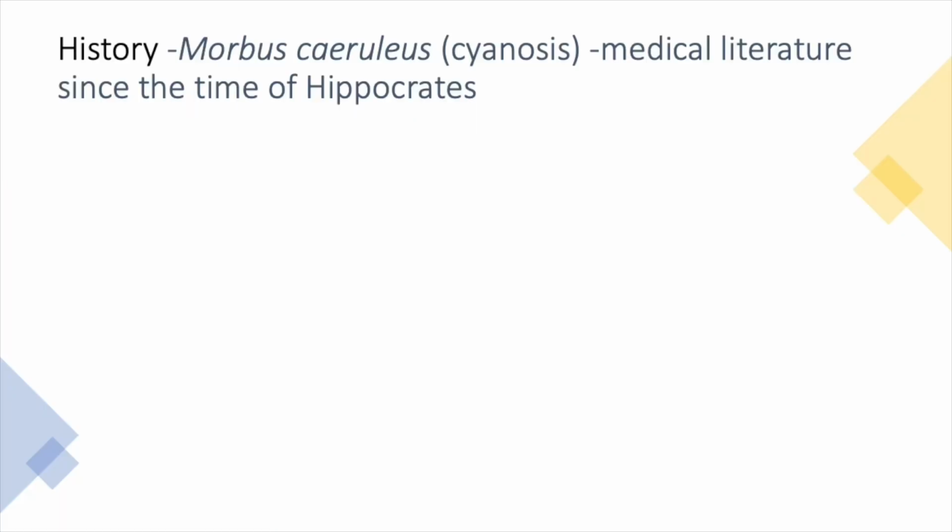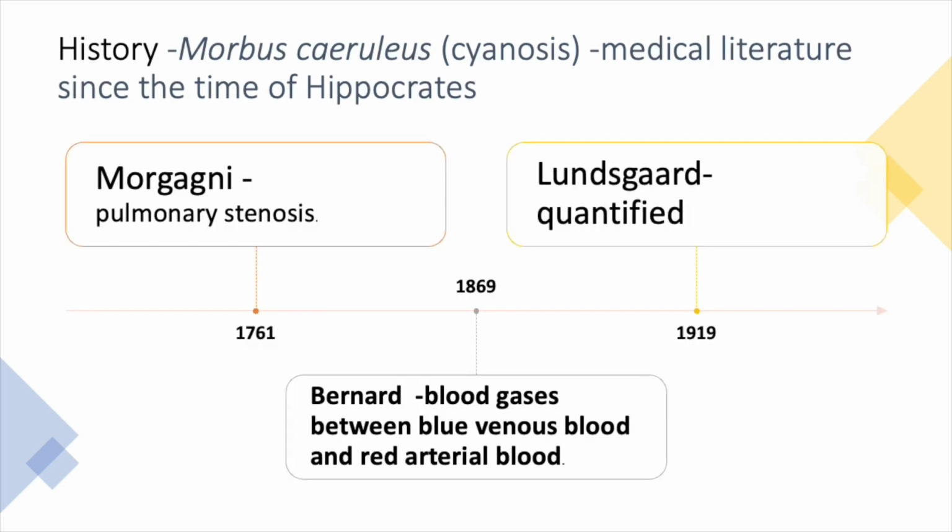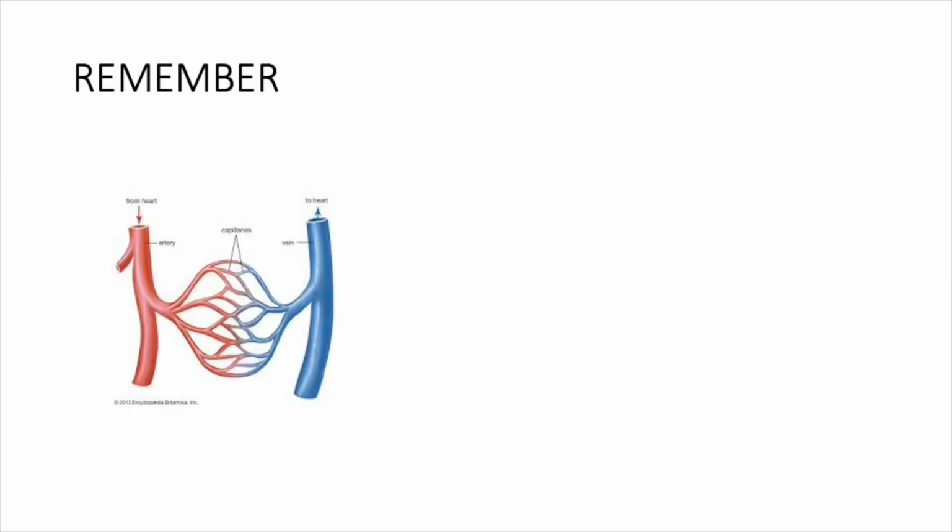Cyanosis is seen in literature from the time of Hippocrates. It was called morbus ceruleus, and it was Morgagni who described cyanosis in pulmonary stenosis, and later Bernard found the difference between arterial and venous blood by looking into the blood gases, and Lundsgaard quantified the amount of reduced hemoglobin required to produce cyanosis.